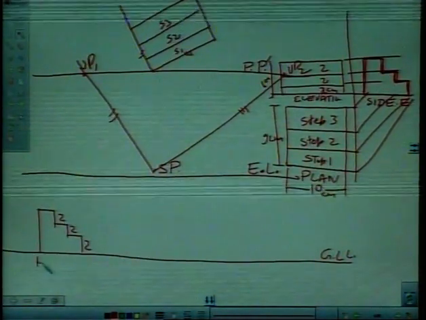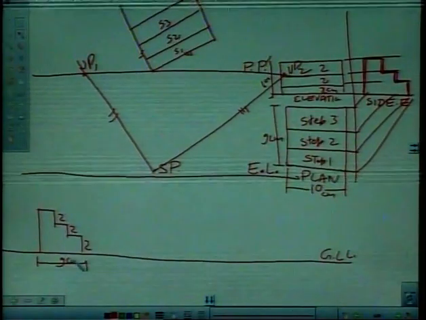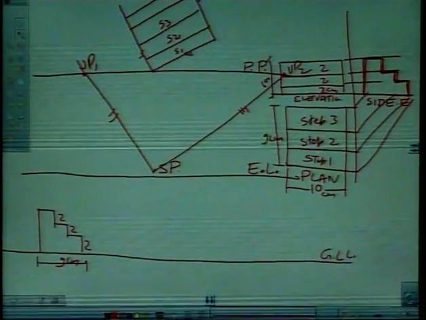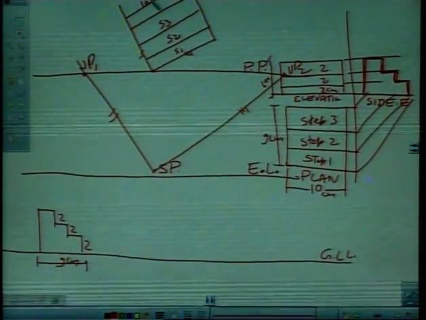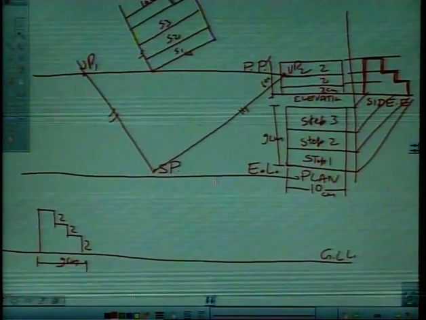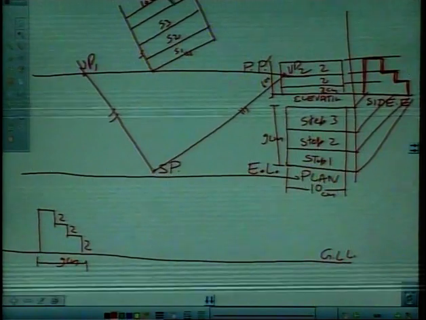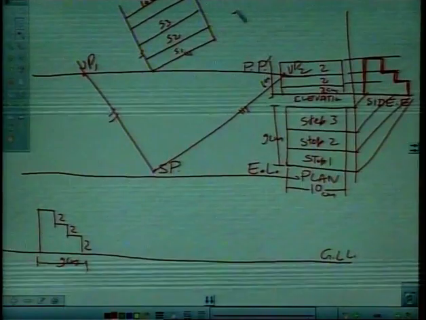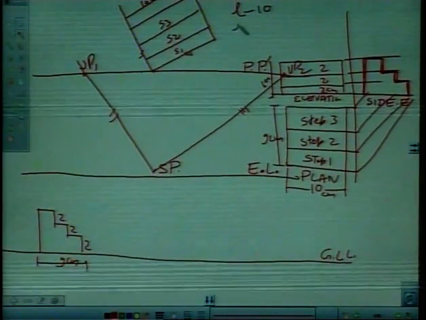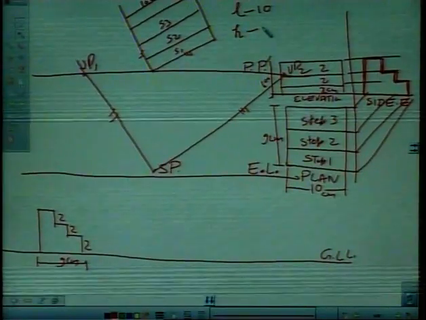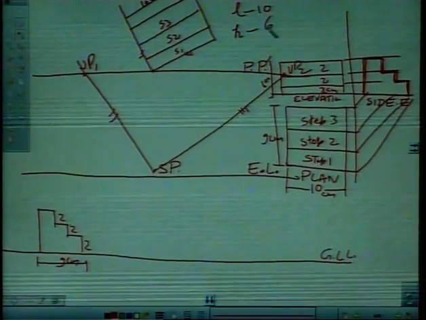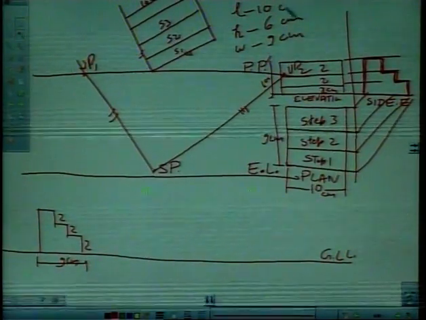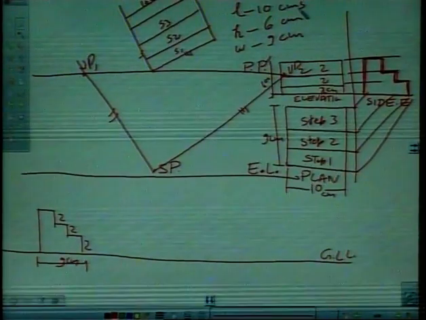Width wise total is say 9 centimeters, and this here is say 10 centimeters, right. So first we will draw a big cuboid, and length of the cuboid will be 10, height of the cuboid will be, total height is 6 and width of the cuboid is 9 centimeters. Say we can take any dimensions, right.